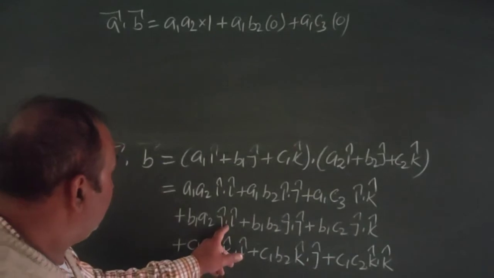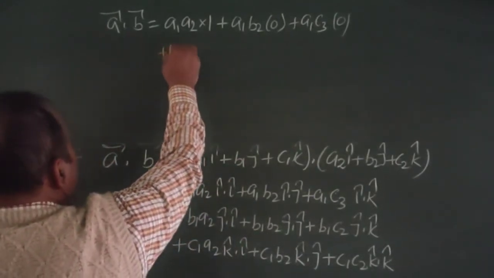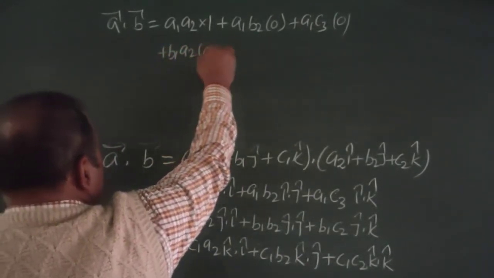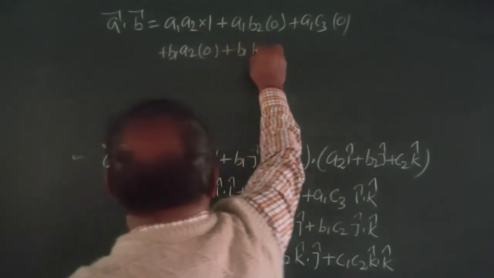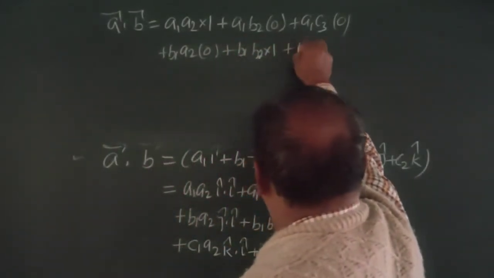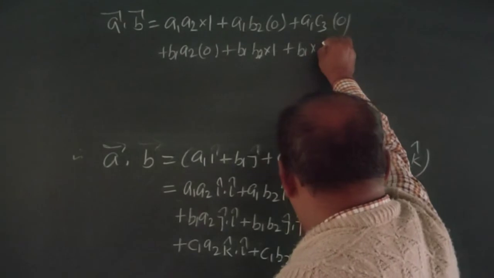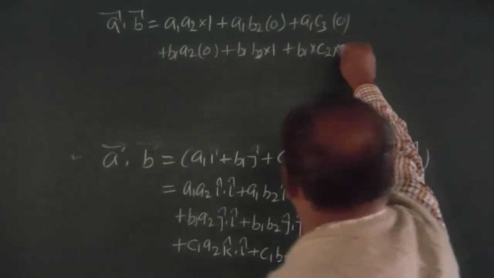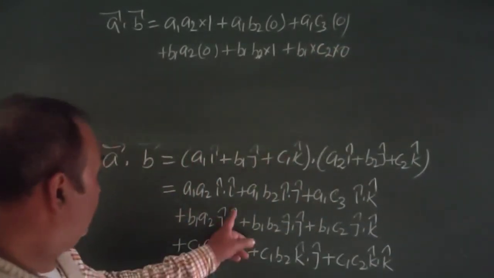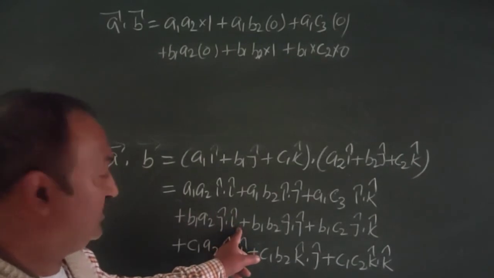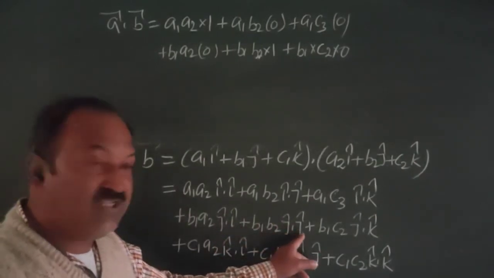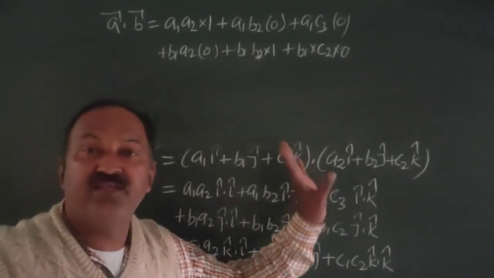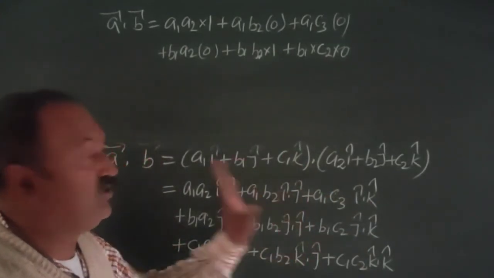And similarly, putting these values plus B1 A2 into 0 plus B1 B2 into 1 plus B1 C2 into 0. Because J dot I is equal to 0, J dot J is equal to 1 and J dot K is equal to also 0.